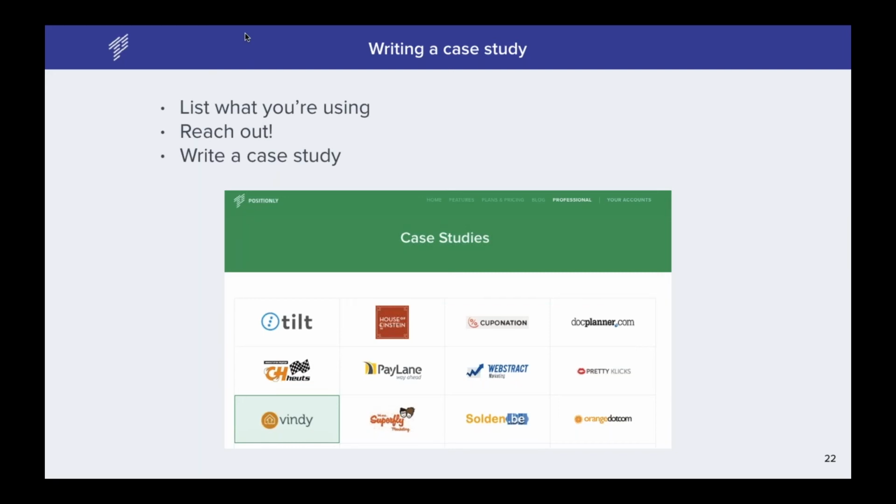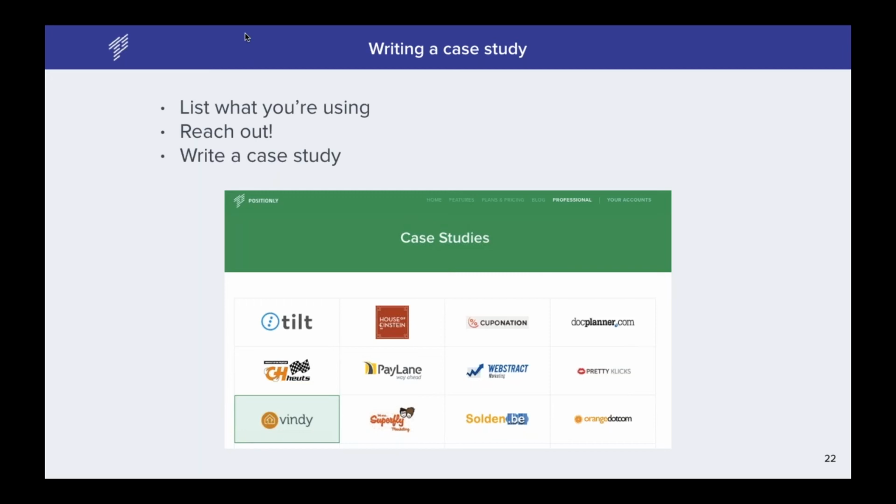So case studies are way longer, and of course you are writing about how this tool benefits you in your work, but you are also explaining a lot about your business. So even though you have to do more, it will be more beneficial. So I would say, do both, because writing a testimonial is pretty easy and fast, and you can get a really nice backlink. Writing case studies is longer, but it can give you more information about your product.